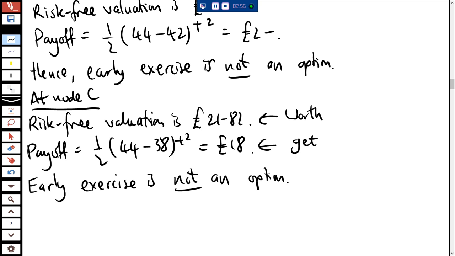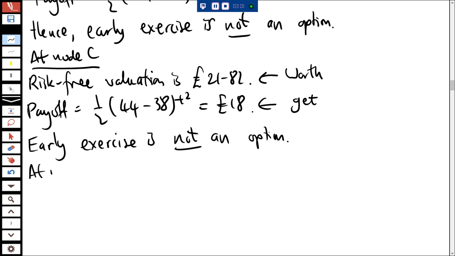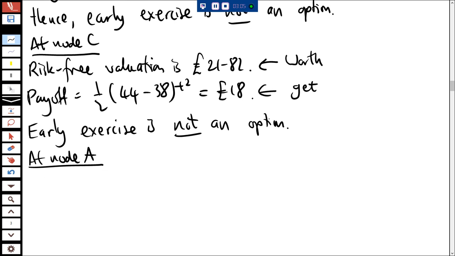Okay, so that's the methods. Once you can do one or two, you can do them all. So node A, the value using the risk-free model, we calculated as £11 and 47p. This is what it's worth.